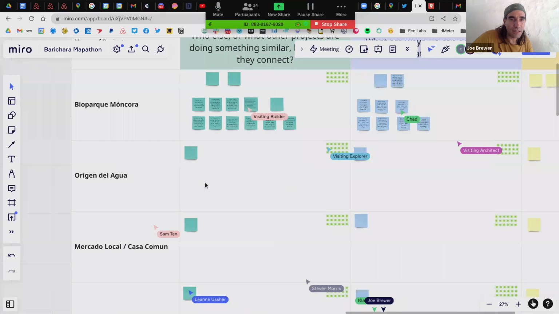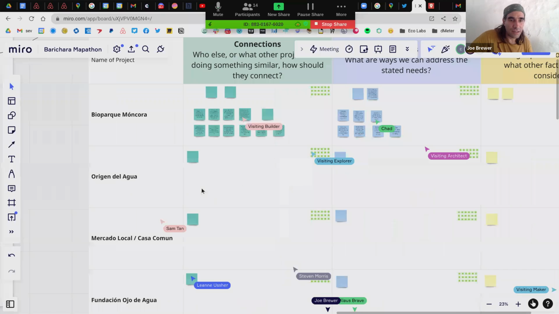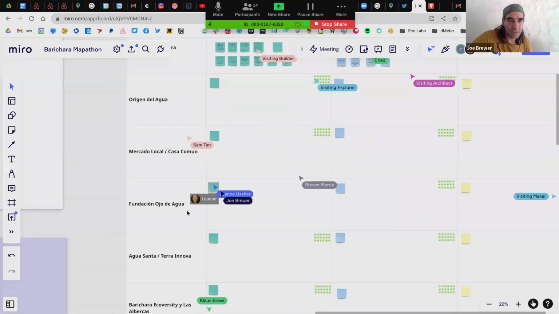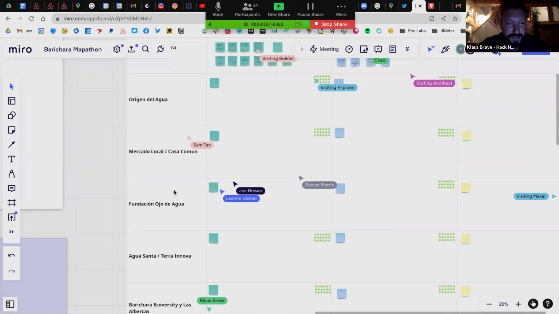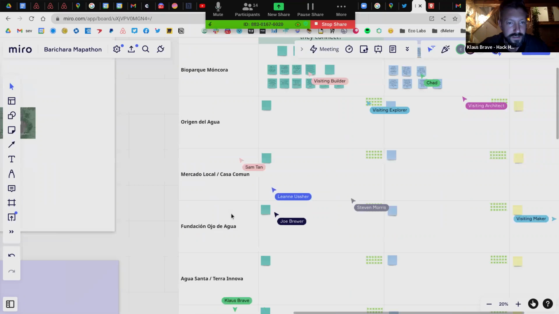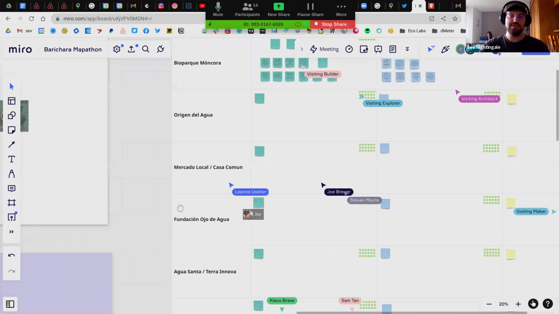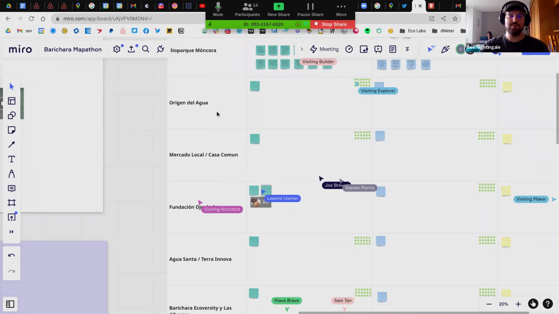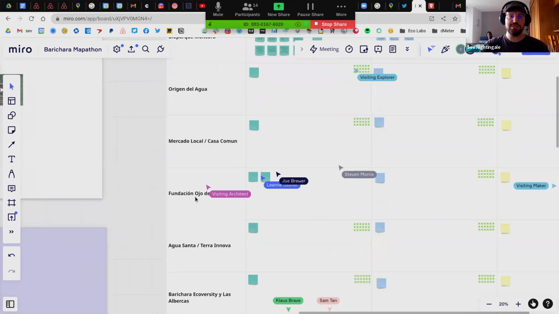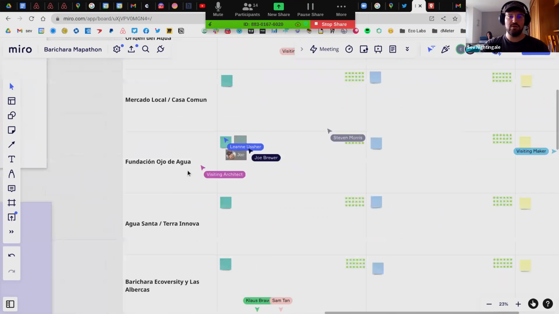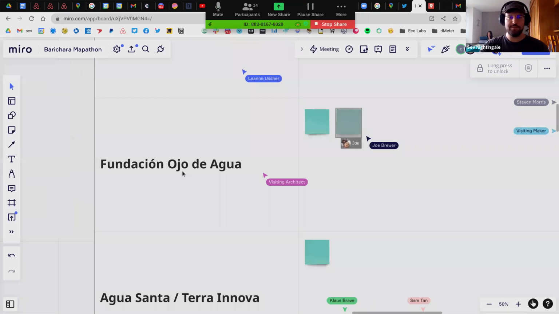So this is here. Yeah, it's about halfway down that section. Duplicate one. Origin del Agua and Ojo de Agua, these are two different ones. Okay, excellent. I put it in the wrong room.